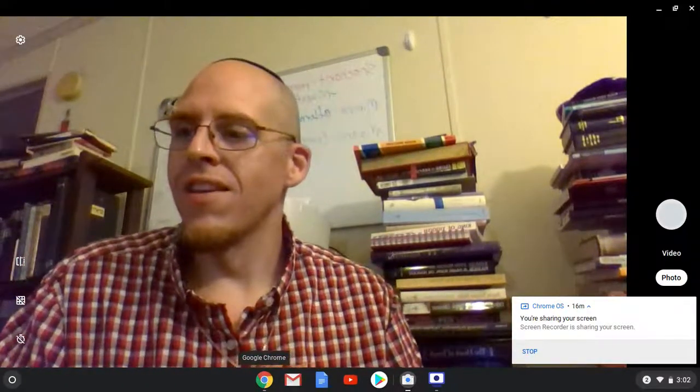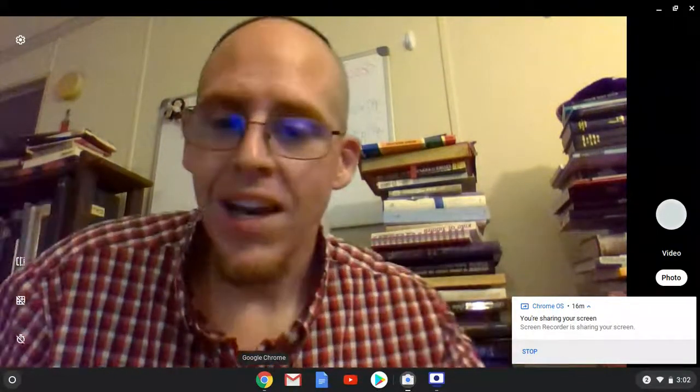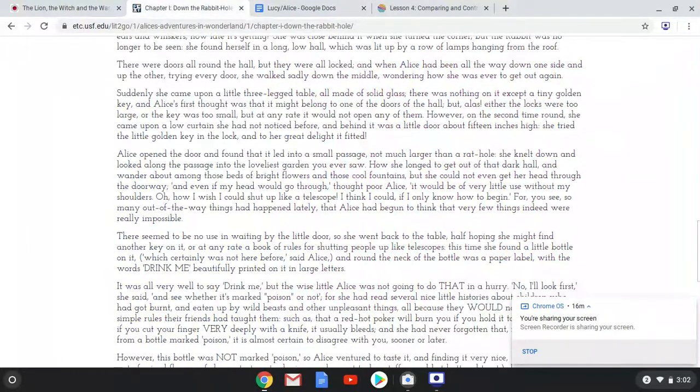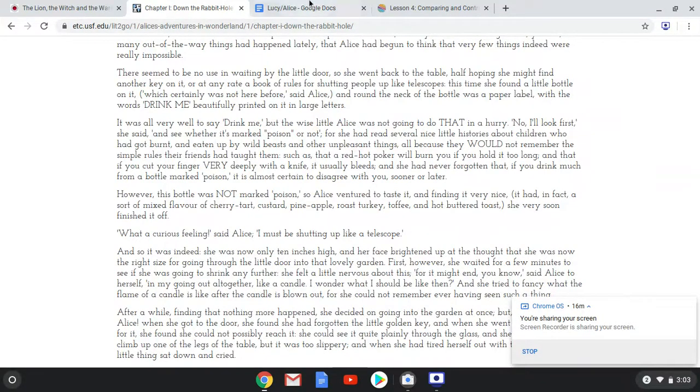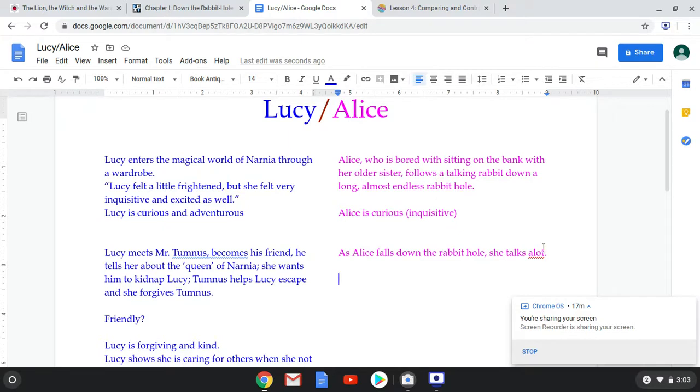Alice goes, boom, she thumps down. And then there are locks and I have to go back to the text. Yeah, there's the potion that she has to drink, and she just drinks it. Pink. We want pink for Alice.